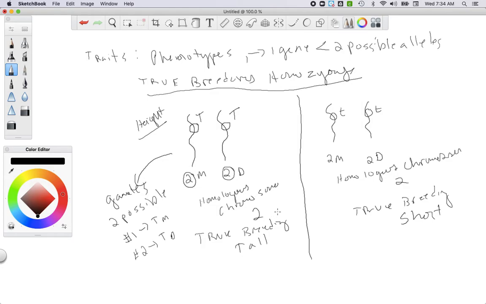So he crossed those, and when he did, all of his pea plants, because they got one gamete from here and one gamete from here, had a capital T and a lowercase t, and they all had the phenotype tall.